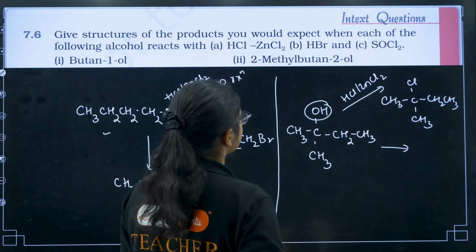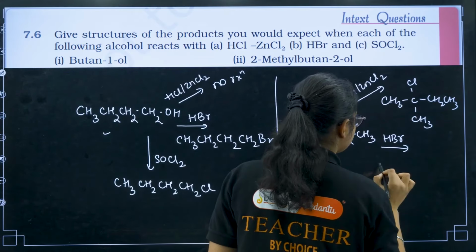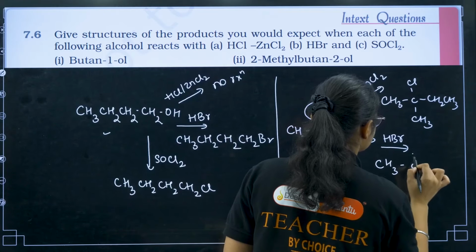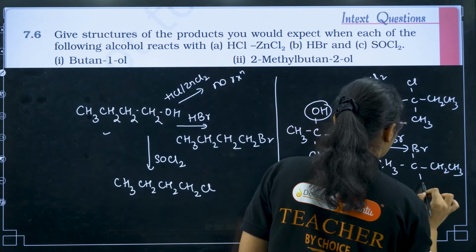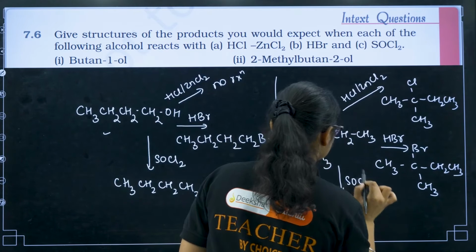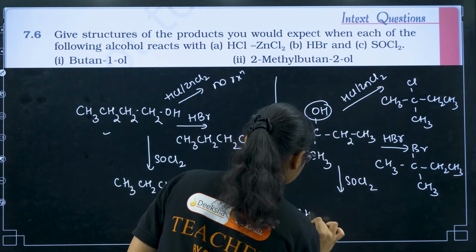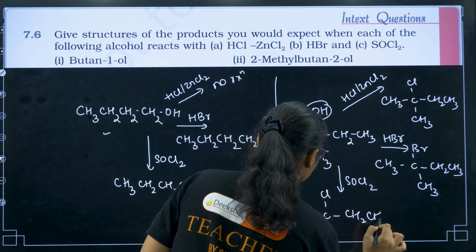Now the next one is HBr. With HBr the OH will be replaced with bromine, so I will get CH3CBr(CH3)CH2CH3. Now with SOCl2, what will happen? This will be replaced with chlorine, so I will get a product like this.